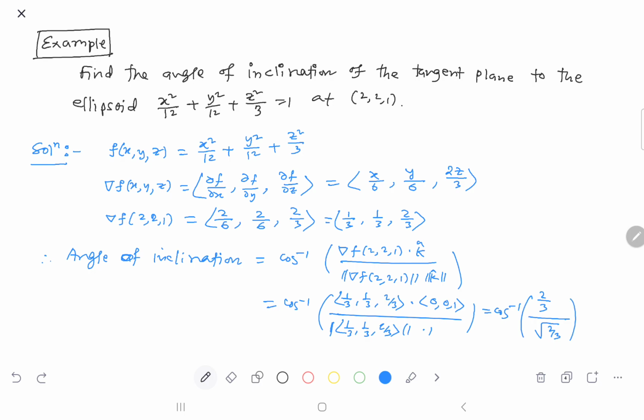So we get cosine inverse of square root of 2 over 3. This is nothing but approximately 35.3 degrees. Yeah, so that's the idea.